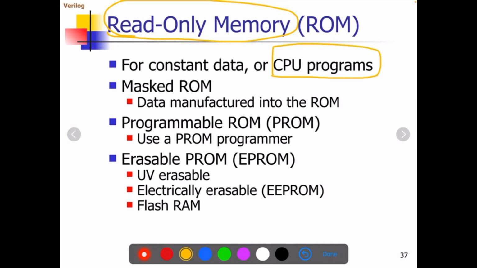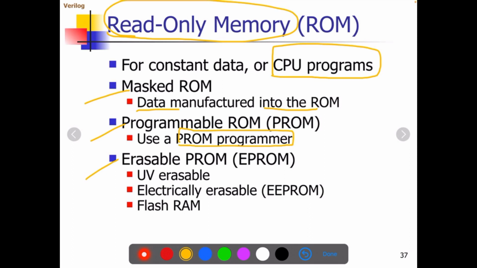There are different types of ROMs available: masked ROM, programmable ROM, and erasable ROMs. In masked ROMs, the data is manufactured into the ROM. Programmable ROM is one we can program and write data into, which is why it is called programmable ROM.